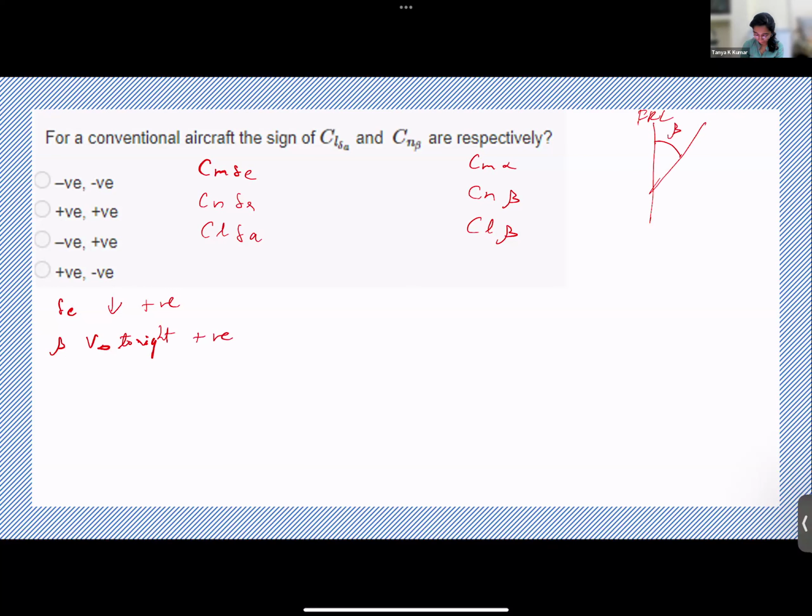What else? Delta R, rudder deflection towards the left, is considered positive, right? Then anything else? Yes, delta A. What was it? Right wing upward, left wing downward, right? Right wing down. So right aileron up, left aileron down.